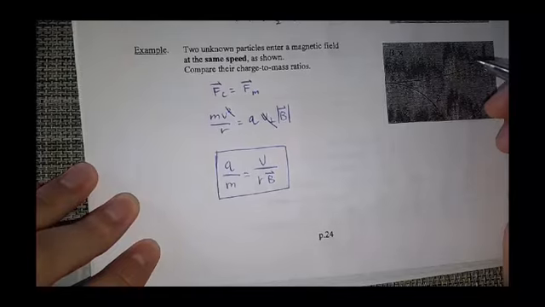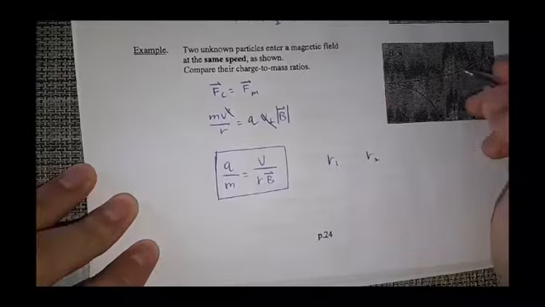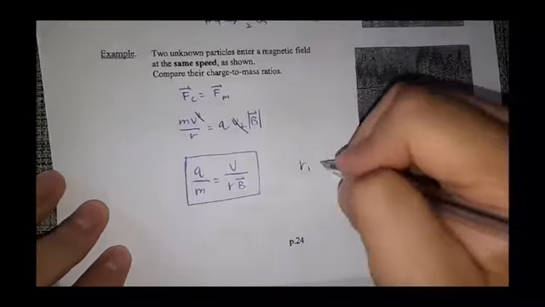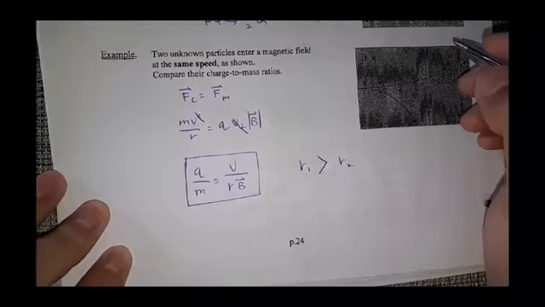And if you look at it, can you see that if I compare those two circles, radius 1 is definitely larger? And how can that happen?